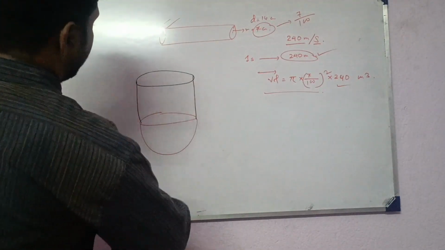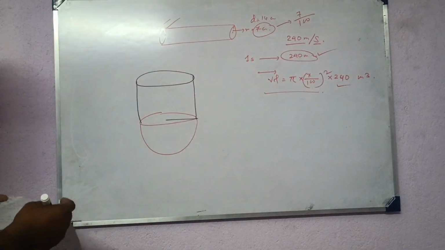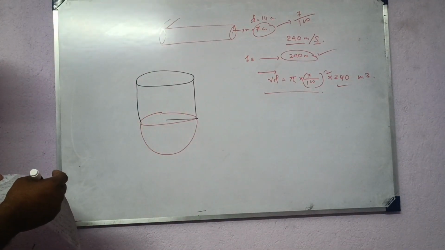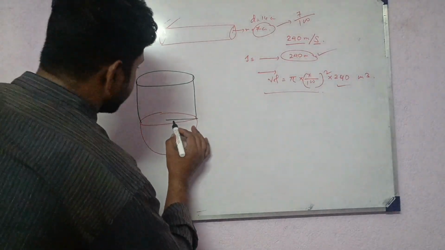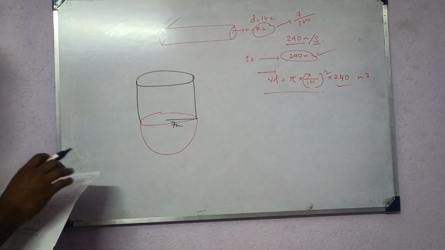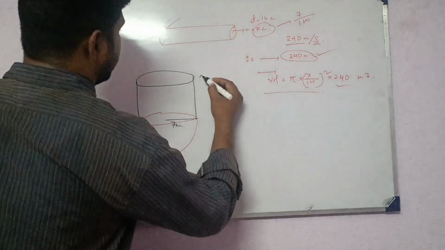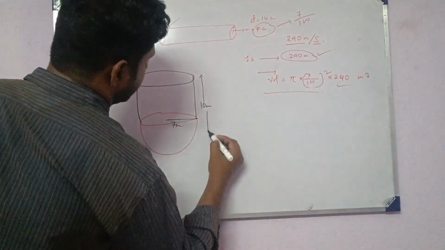It will fill this kind of vessel. Hemisphere উপর আছে cylinder, and the radius of the hemisphere is 7 centimeter. Therefore, the radius of cylinder is also 7 centimeter, and height of the vessel being 10 centimeter, and the total height will be 10 centimeter.